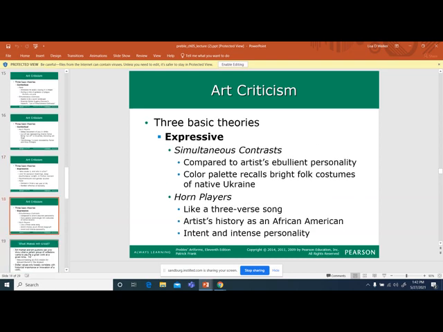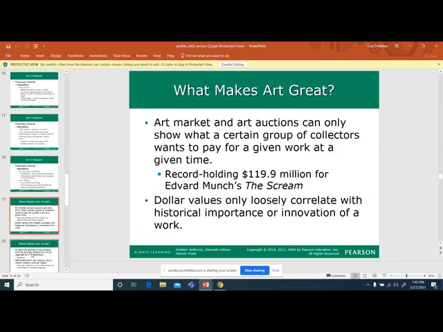Expressive art. Lots of contrast, lots of exuberant personality, lots of color, okay? Each painting, each artist is going to make what they think and what they feel part of their work.